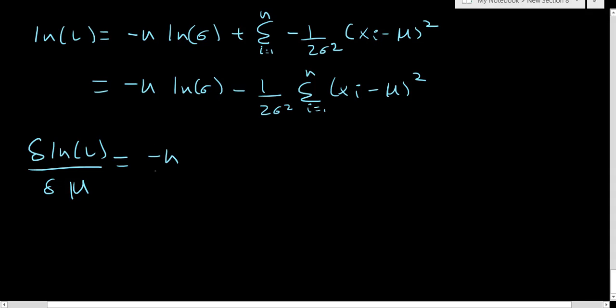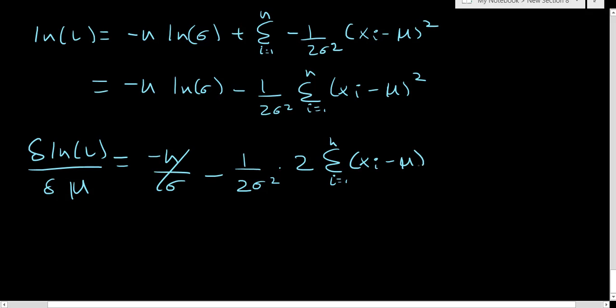This is minus n over sigma, no, this would be 0 because these are both constants. Minus, this is a constant term, so I'll keep it outside. And differentiating this, although there is a summation sign, differentiation is pretty straightforward. 2 comes down, and I've got a summation i going from 1 to n xi minus mu, right? You got it, right?